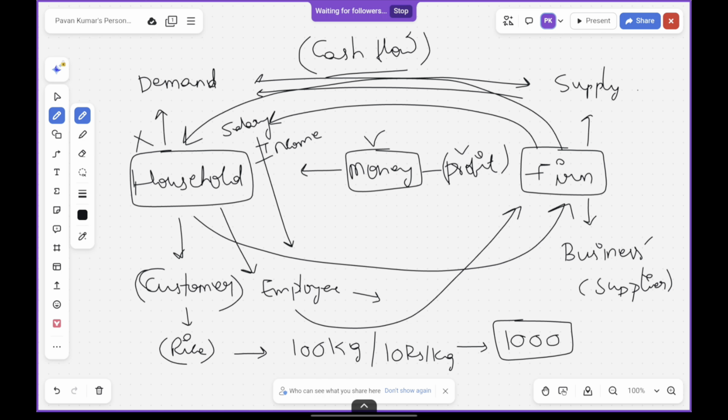But money is the same common factor which we see here; it is the movement from the household to the firm and from the firm to the household that makes it work. Again, I'm asking, when we receive the income from the firm, what is it called? The salary or income.